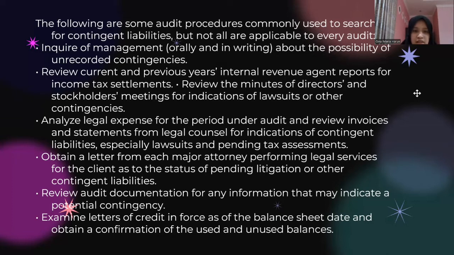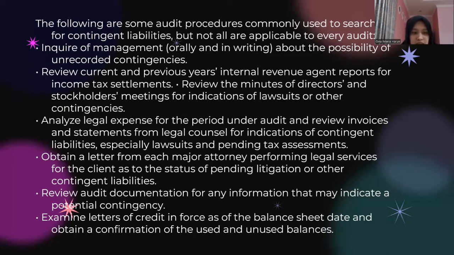And the third is review the minutes of directors' and stockholders' meetings for indicators of losses or other contingencies. Next is analyze legal expense for the period under audit and review invoices and settlement statements for legal counsel for indication of contingent liabilities, especially lawsuits and pending tax assessments.